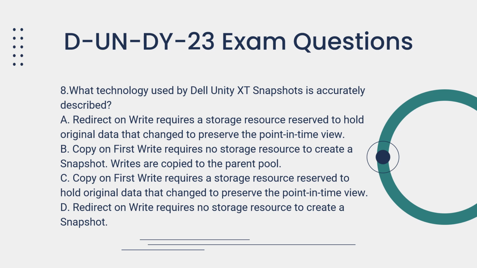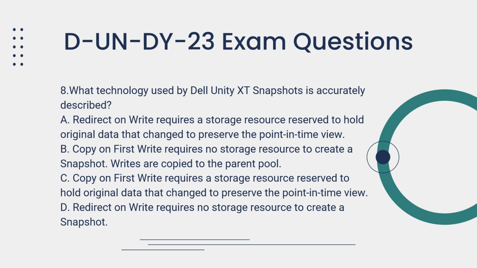What technology used by Dell Unity XT snapshots is accurately described? A. Redirect on write requires a storage resource reserved to hold original data that changed to preserve the point-in-time view. B. Copy on first write requires no storage resource to create a snapshot.